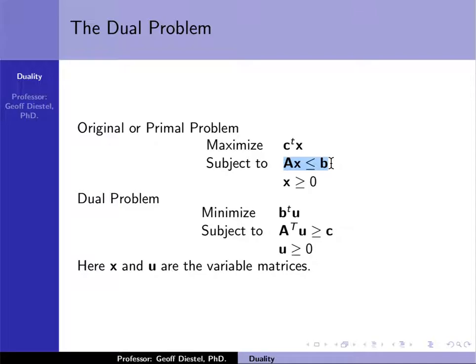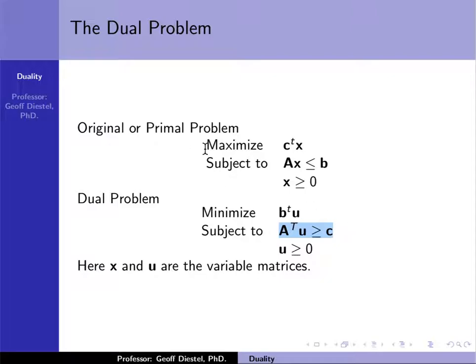So in a sense, we can always reduce most problems to this format if it's a maximization problem. Now, the minimization problems have the other form. They'll have greater than or equal to inequalities.